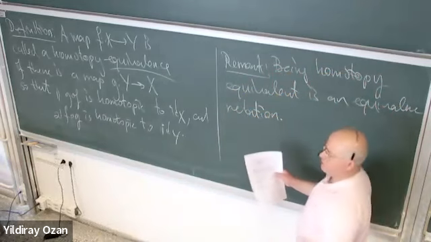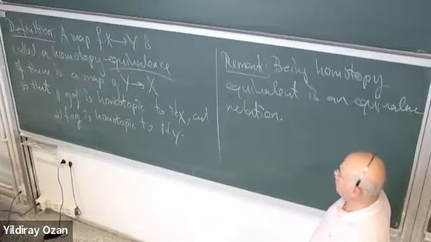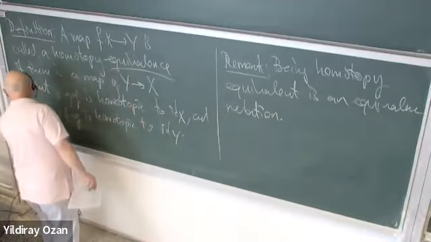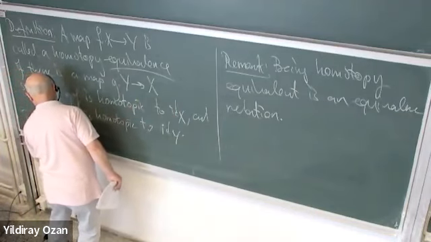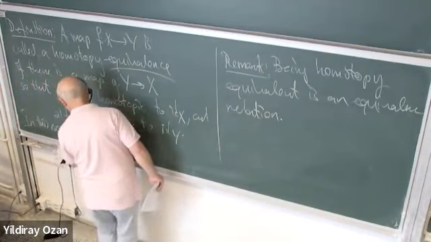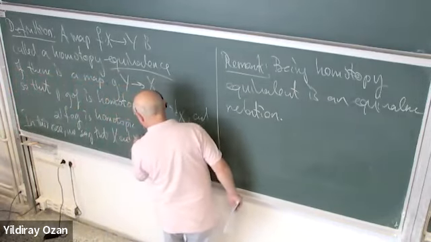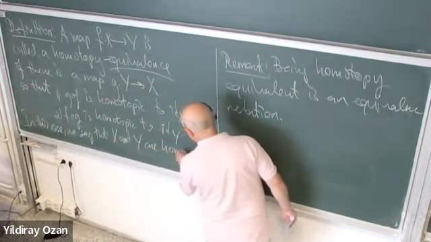So if there's a homotopy equivalence, in this case, we say that X and Y are homotopy equivalent.